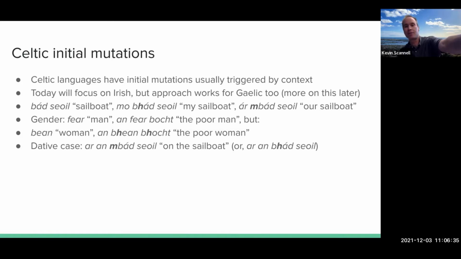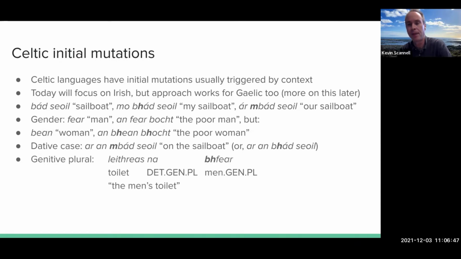In the dative case, for example, depending on your dialect, you'll use one of the two, either lenition or eclipsis mutations in Irish. And then there's a well-known example in the genitive plural. This is a marker that indicates that the noun is in the genitive plural because of the eclipsis mutation. So that is my 30-second tour of the topic of my talk.